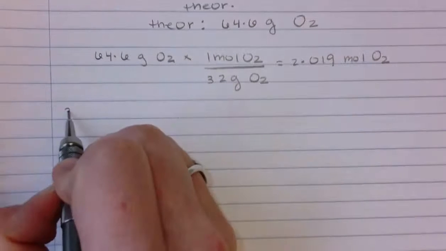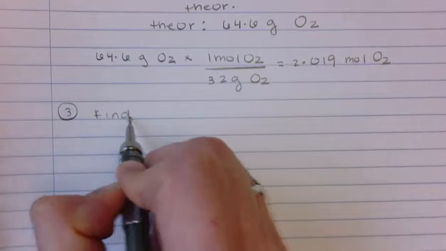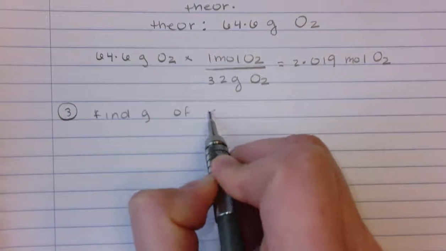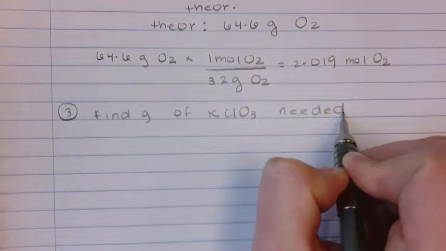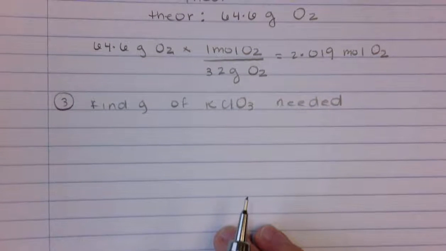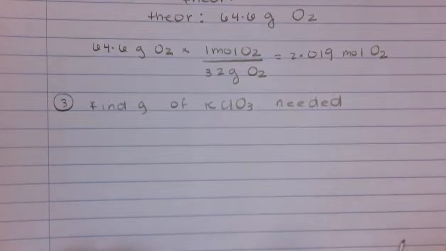So the next thing that we can do is find the grams of potassium chlorate needed. And we just do this using the coefficients in our balanced equation.